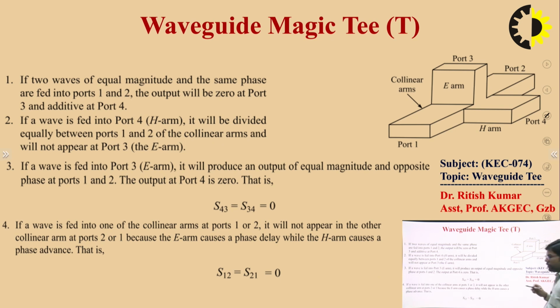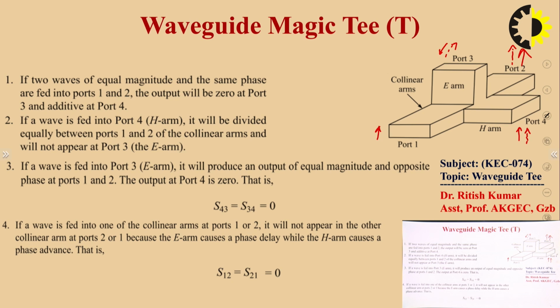As we already discussed, suppose you apply the input at port number 1 and port number 2 in the same phase, then you will get the output in the opposite phase at the E arm port, and at the H arm port it will lie in the same phase.